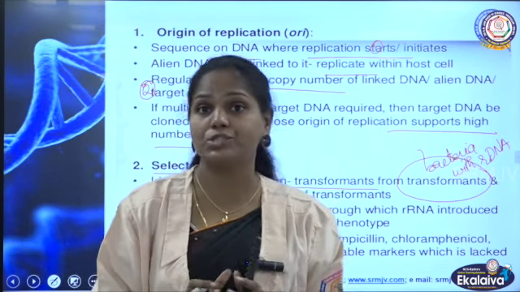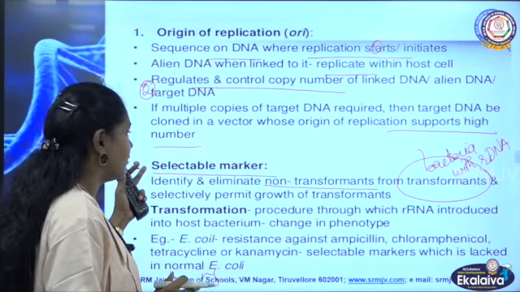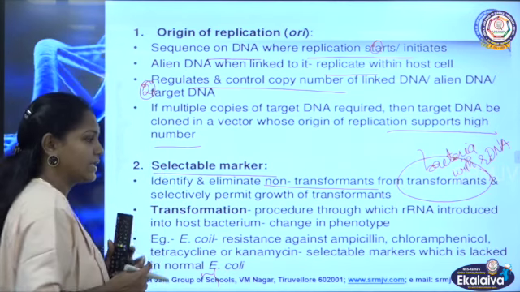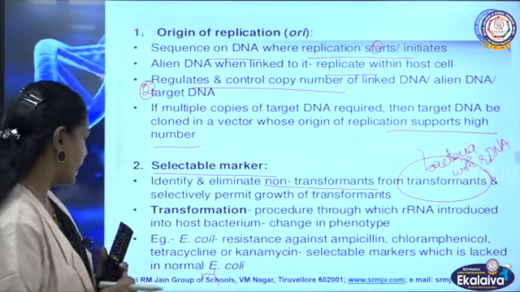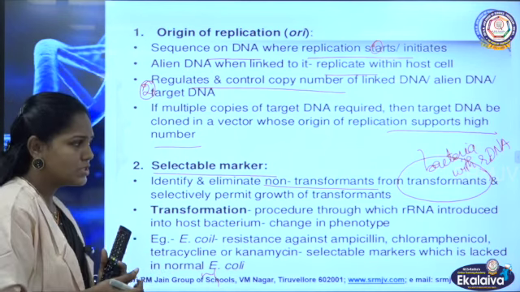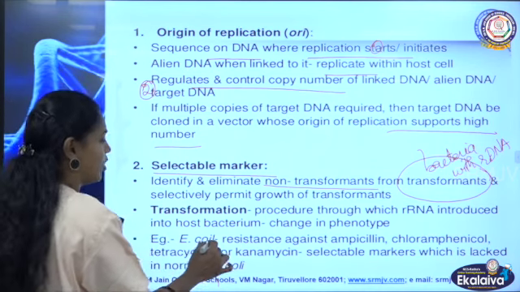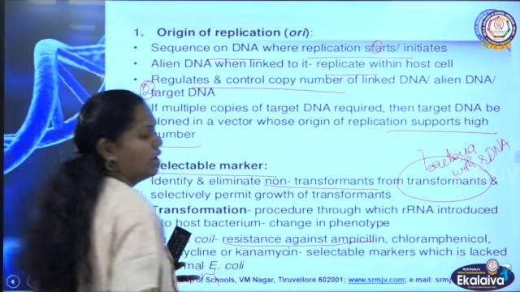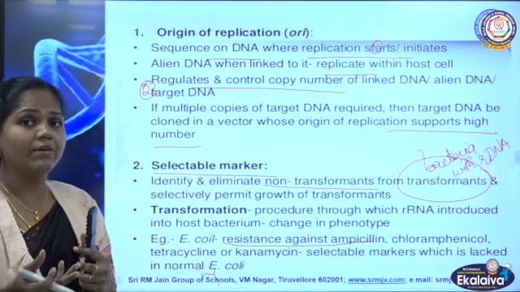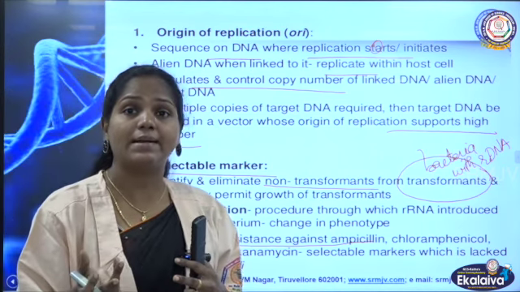So for this selection of transformants, we are using a segment of our plasmid that is called a selectable marker. Mostly they will be using an antibiotic resistance gene, the resistance gene which gives them resistance to some antibiotics.